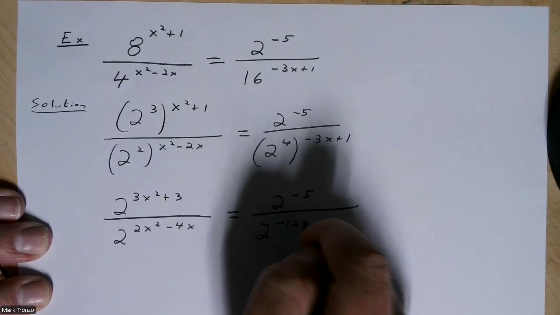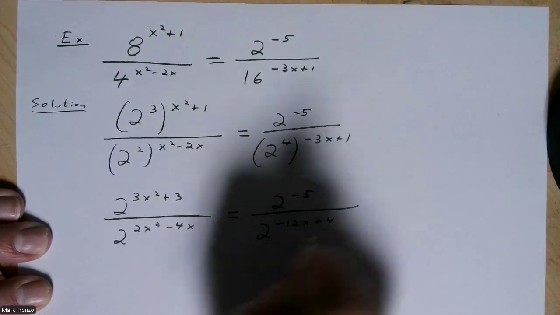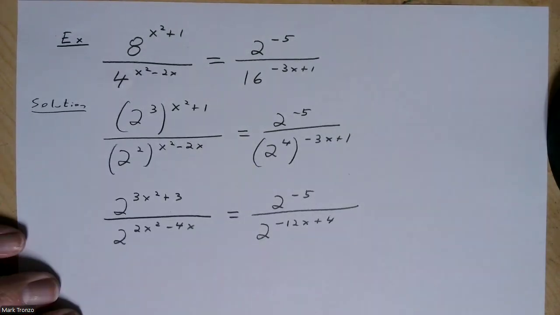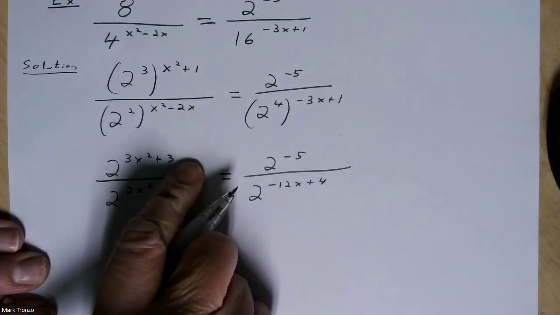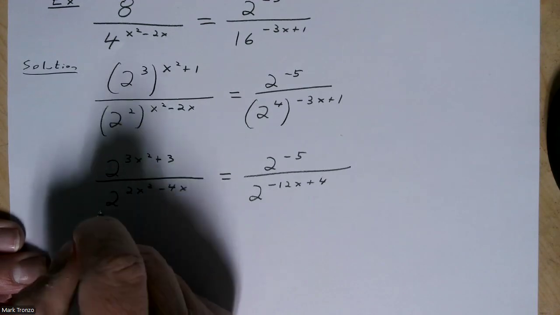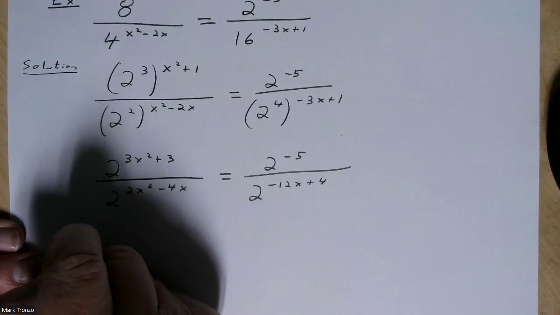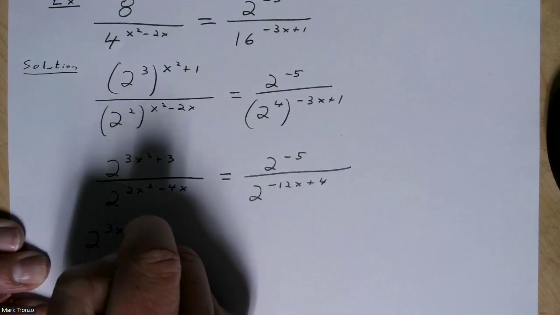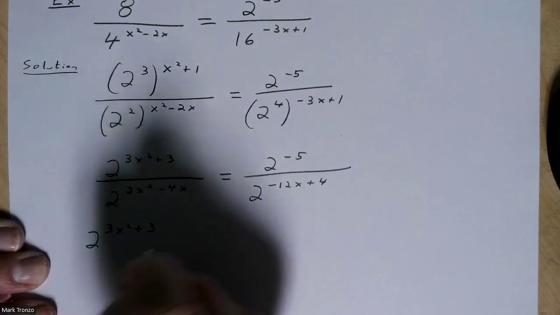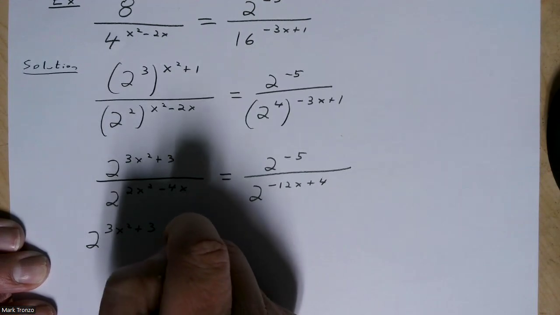Minus 12x plus 4, like this. Again, let's bring this up. And I'm going to put all the steps in. Again, you could take the shortcut on a lot of these, but I want to be sure everyone sees all the steps and understands them.